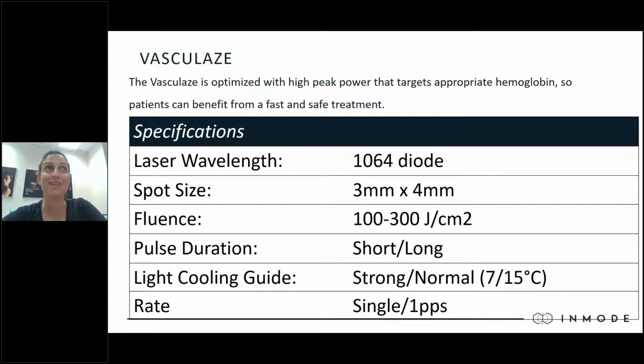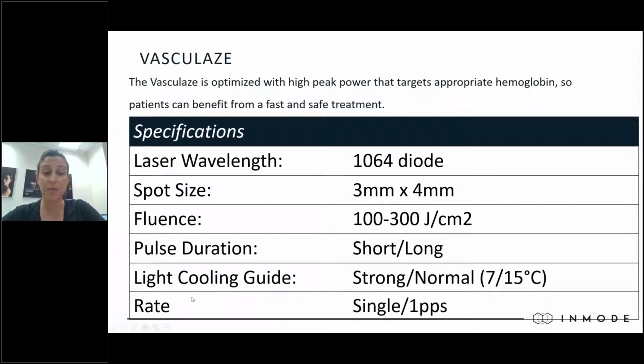When cooling a vessel too much, we will induce vasoconstriction, and that will reduce the efficacy of our treatment, because if the vessel constricts, less blood flows through it at that time, and less blood means less chromophore and less absorption. So the treatment will be much less effective.